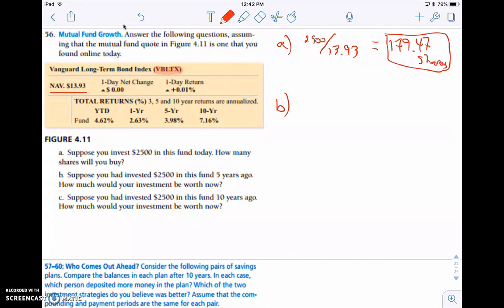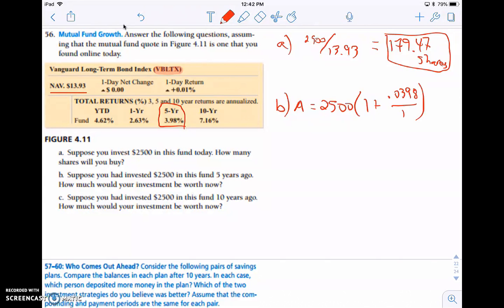Okay, next, suppose you had invested $2,500 in this fund 5 years ago. How much would it be worth now? So our 5-year rate is 3.9%, is the annual return. So we're going to be calculating this just like compound interest, and our amount is going to be what we initially invested times 1 plus the rate, which was 3.9, so 1.039 annually.